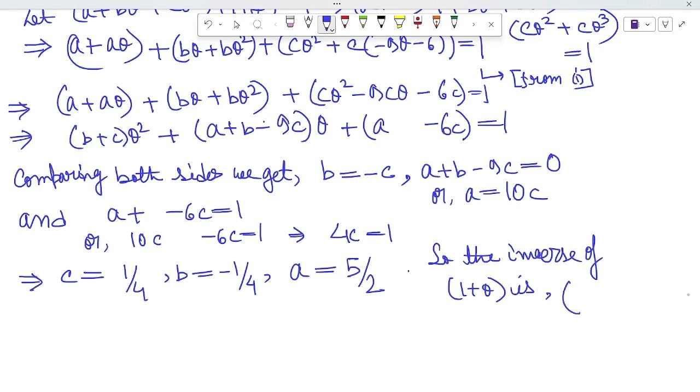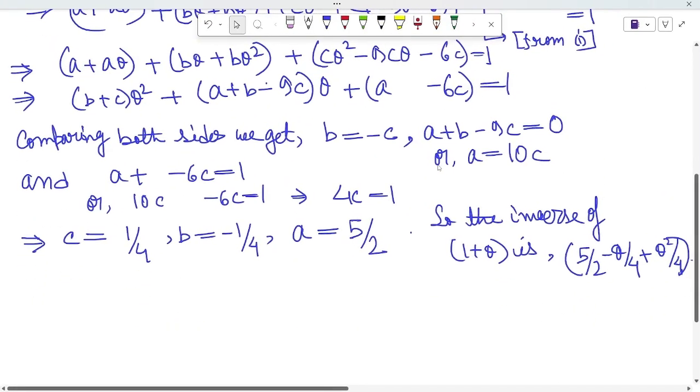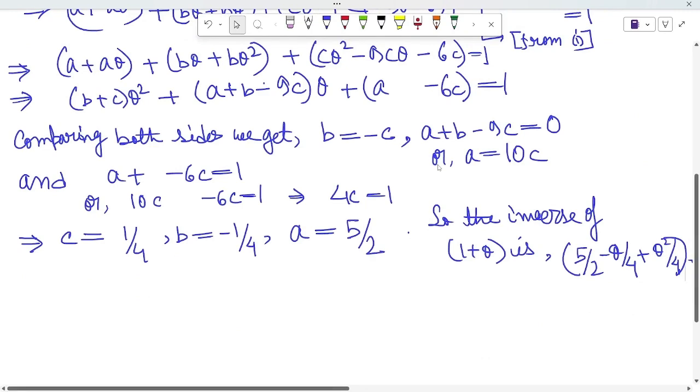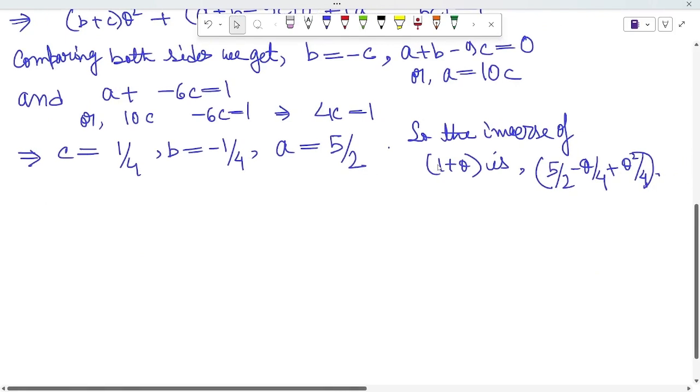So the inverse is 5/2 minus theta by 4 plus theta square by 4, that is the answer. Okay, now I think it is correct. Just check if any mistake is there. Inform me later.